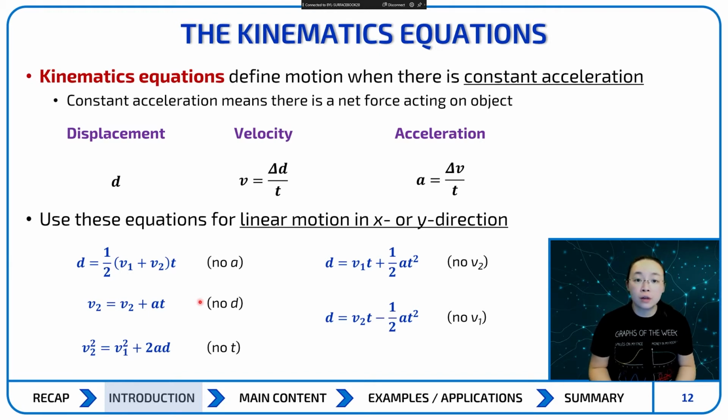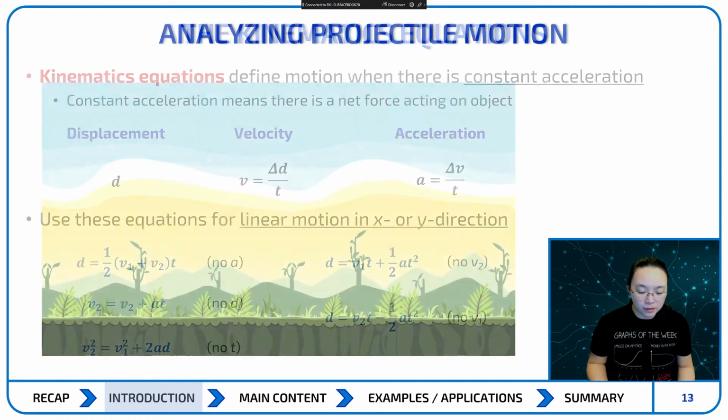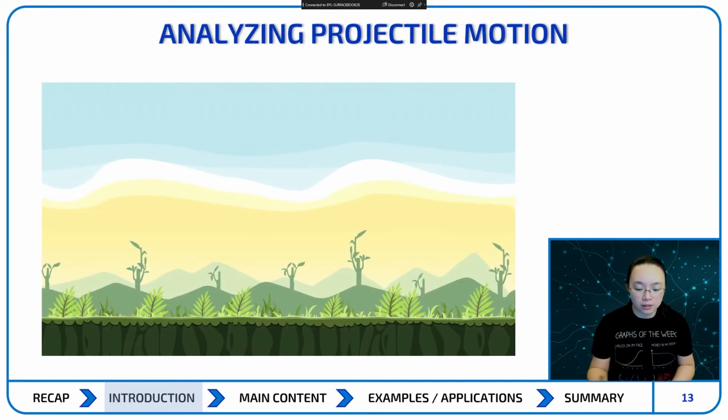So if you're trying to solve for a specific quantity, you pick the one that has the variable that you need to solve for. And then if you're missing a couple variables, see if there's another equation that you can use to solve for that and substitute it in. So these are the 5 kinematics equations, and they help us define linear motion in the x or y direction. So one of my favorite examples of going through projectile motion is just Angry Birds.